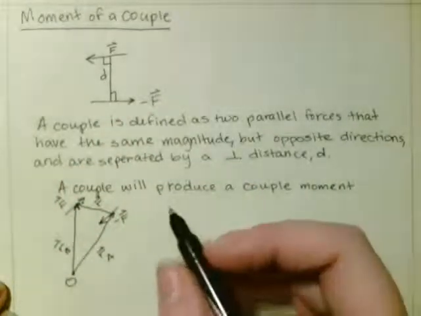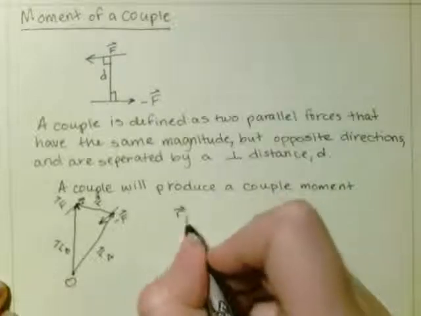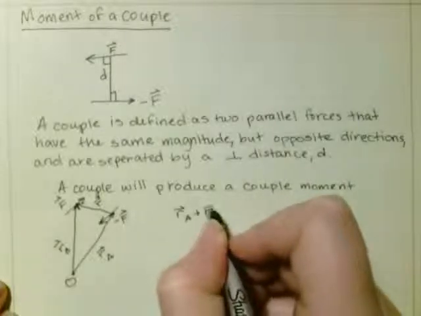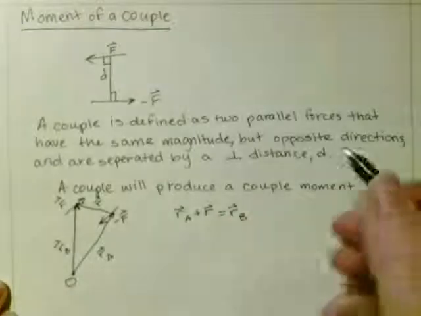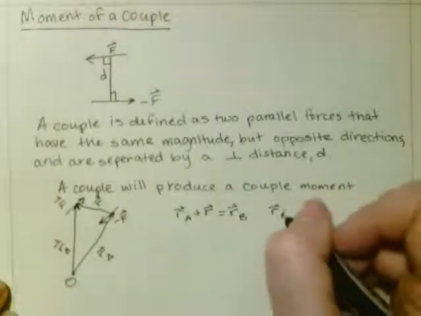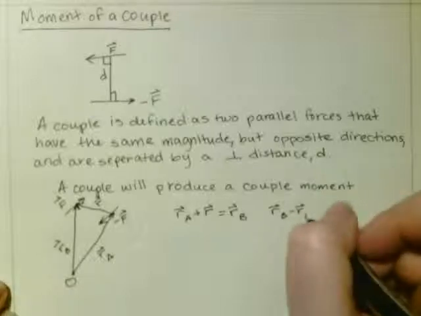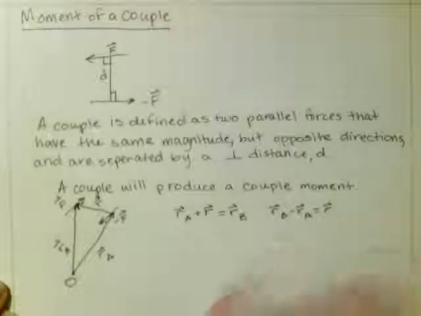So you can see here that you have RA plus R equal to RB. Or you can also write that as RB minus RA is equal to R.